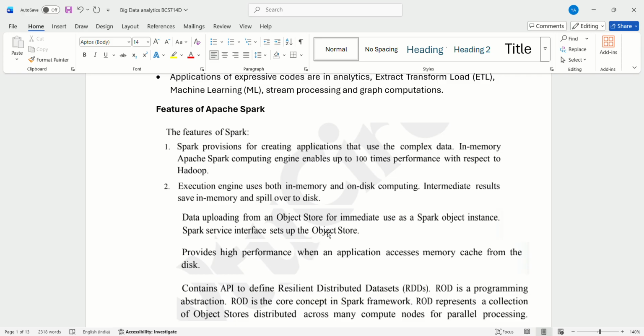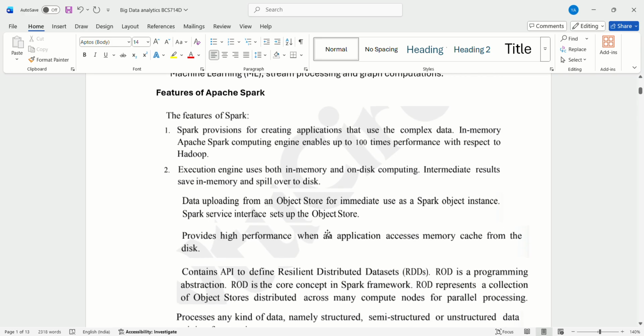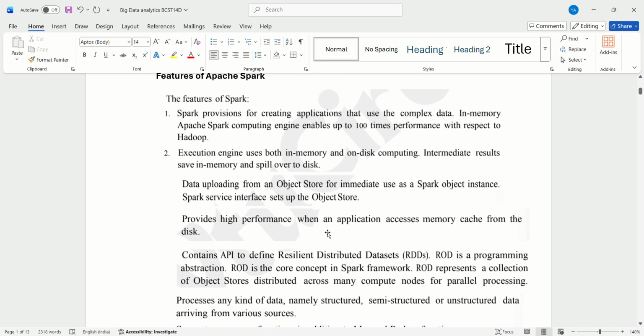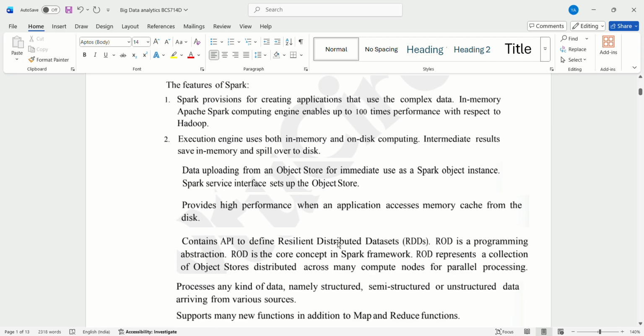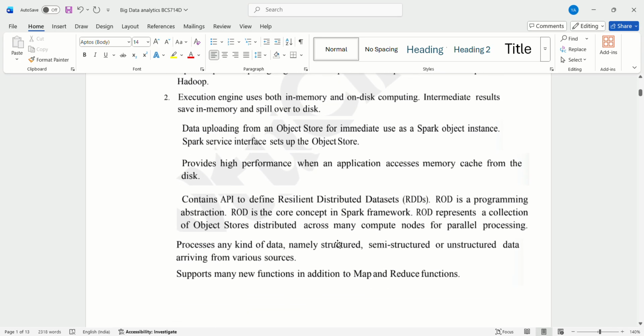Intermediate results are saved in memory and spill over to the disk. Next, the data is uploaded from the object store for immediate use as a Spark object instance. The Spark service interface sets up the object storage.